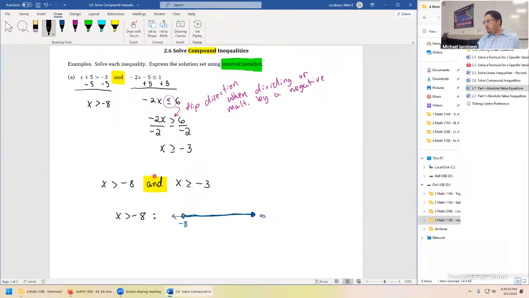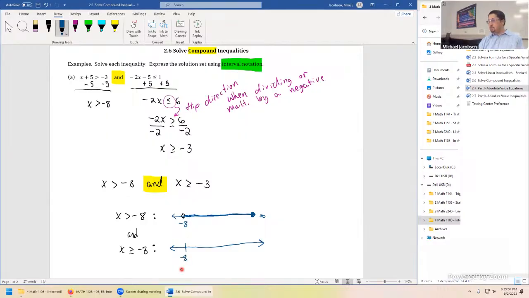Linking them up are the and, x greater than or equal to -3. So a little colon here just says this is what the graph looks like for this one. And I want to carry this down, keeping where the tick marks are, where the position is for -8, as carefully as possible. So here's where -8 was.